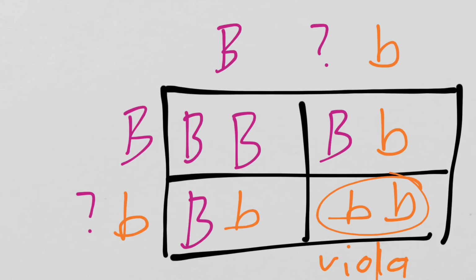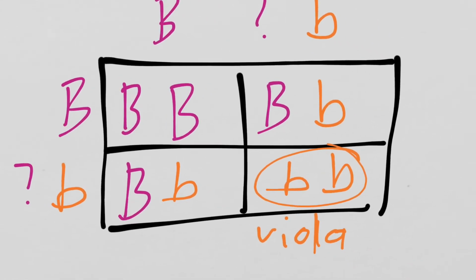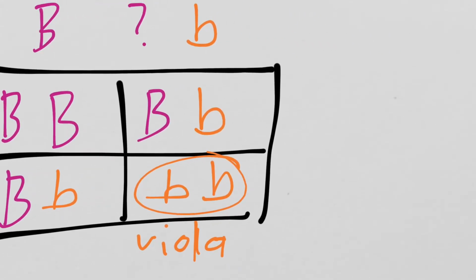So there you go. Is it possible? Yes. So is it possible for two brown-eyed parents to have a blue-eyed child? Yes, if both are heterozygous. What would the genotypes of the parents be? It would be big B, little b. And what are the statistical possibilities of the children?